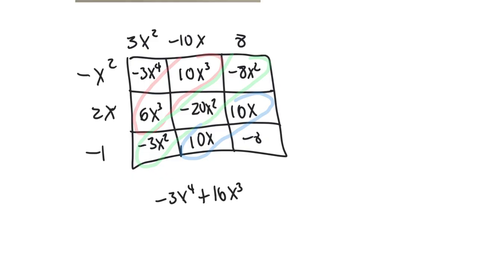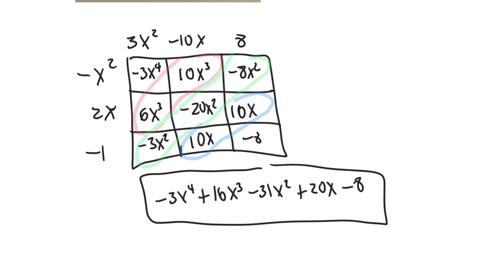The green relationship would give us negative 31x squared, unless I'm not doing it right. Let's see. Yeah, I think that's good. The blue relationship would give us plus 20x, and then finally we have negative 8. So that's that.